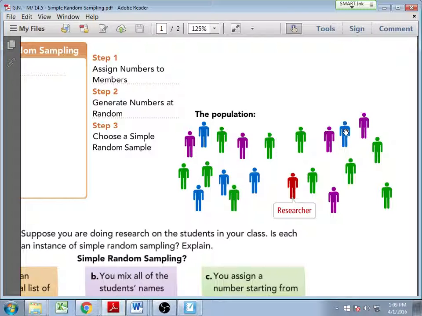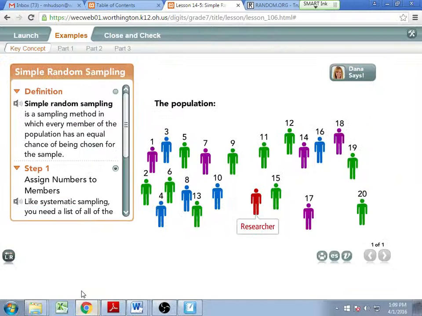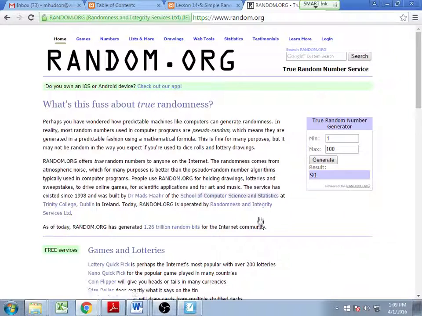Next, everyone have your people numbered? Now we're going to circle who we choose for the sample. We want a sample of 5 people. So what do I need to do with my random number generator before I start? Change my max to 20. So, first person we generate, person 1. Circle your person 1.